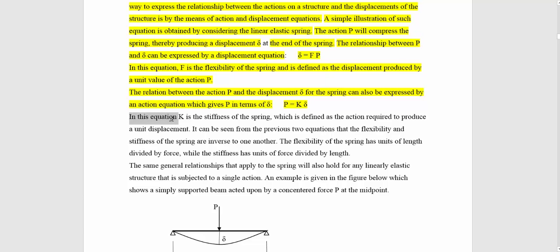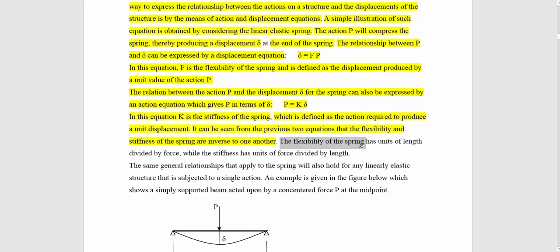In the previous equation, the stiffness K of the spring is defined as the action required to produce a unit displacement. It can be seen from the previous two equations that the flexibility and stiffness of the spring are inverse to one another.